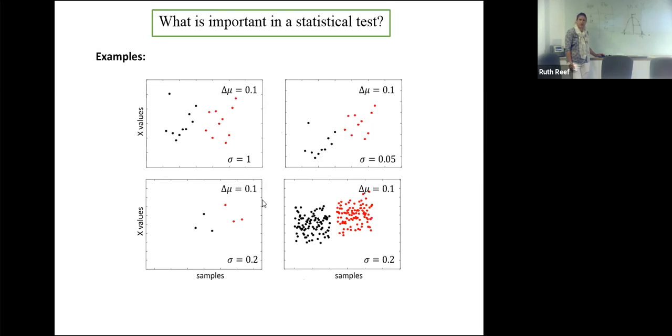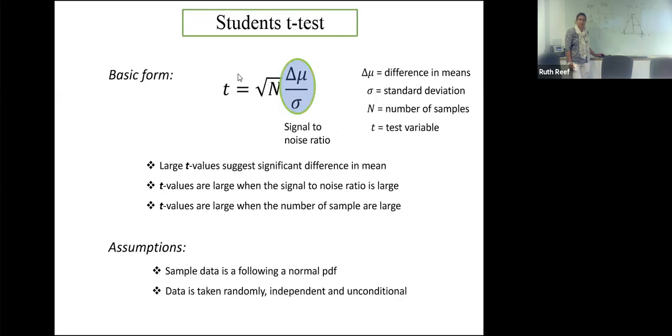These are why we need a statistical test, because things are not straightforward. When I look at the student t-test, we say, here are the differences in the means. Here is the standard deviation, what the spread is around the mean. Of course, for a sample that is not spread around the mean so much, we have a higher confidence in our mean value than in a normal distribution that goes for miles.